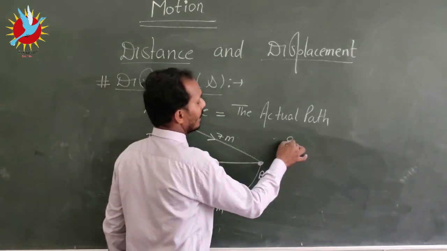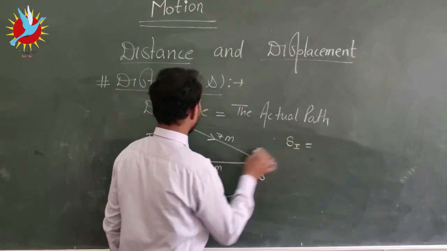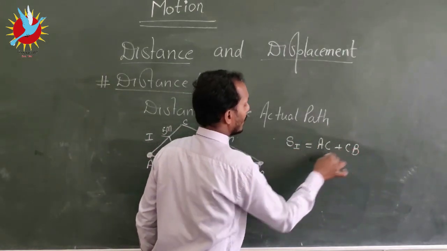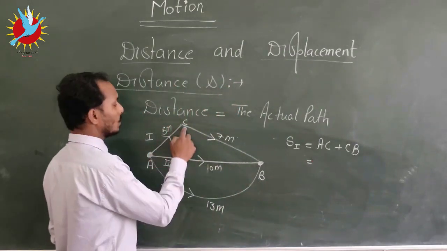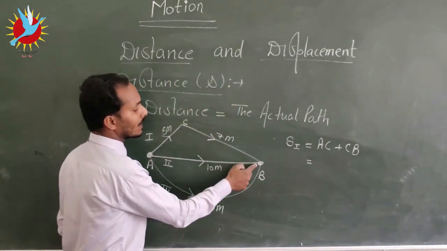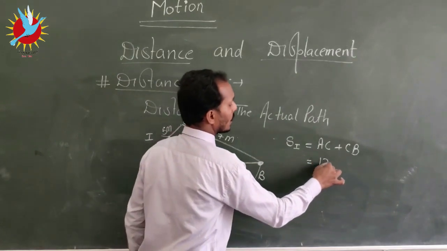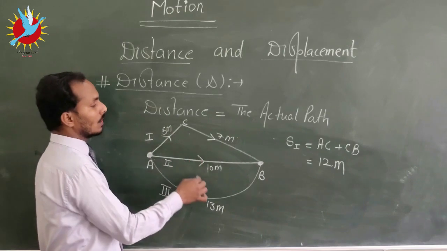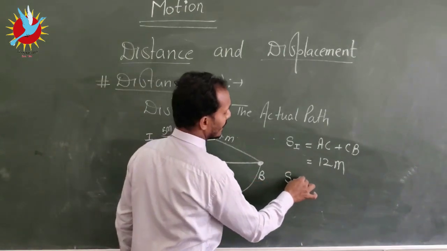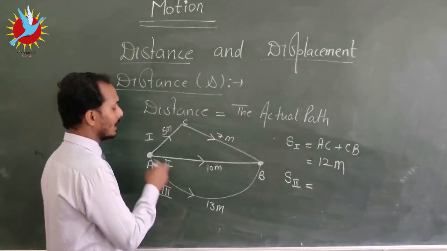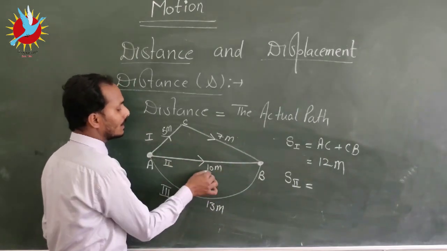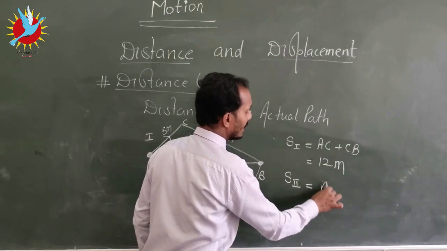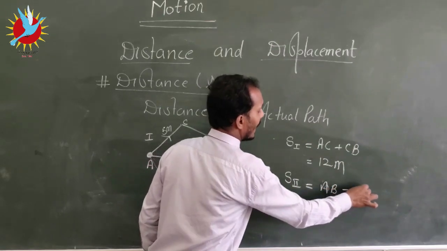In the first route, distance is A to C plus C to B, which is 5 meter plus 7 meter, that is 12 meter. In the second case, it is a straight line of 10 meter magnitude, so AB is 10 meter.